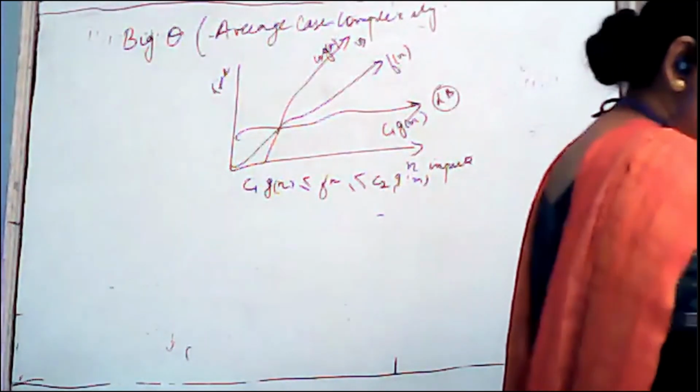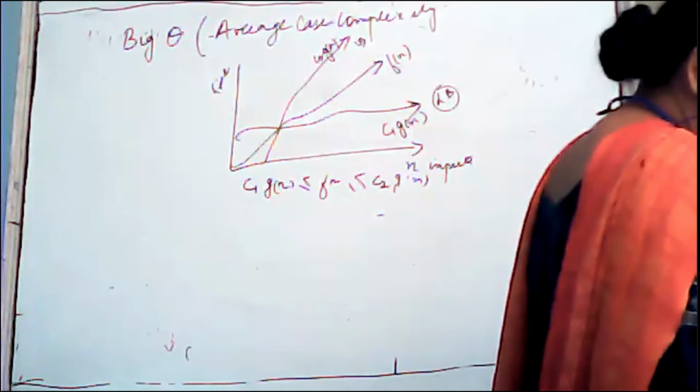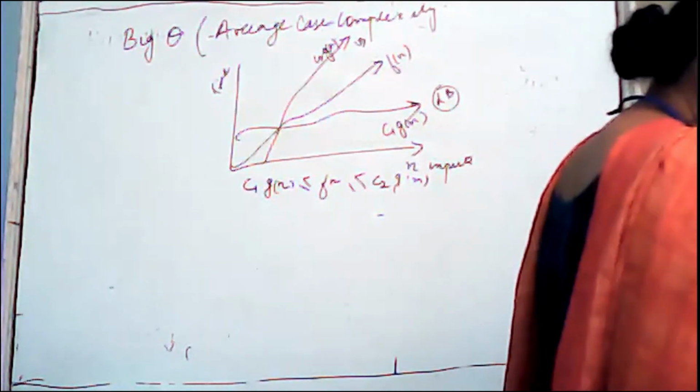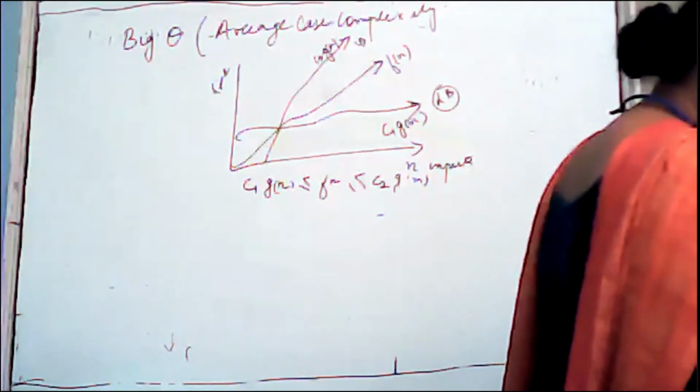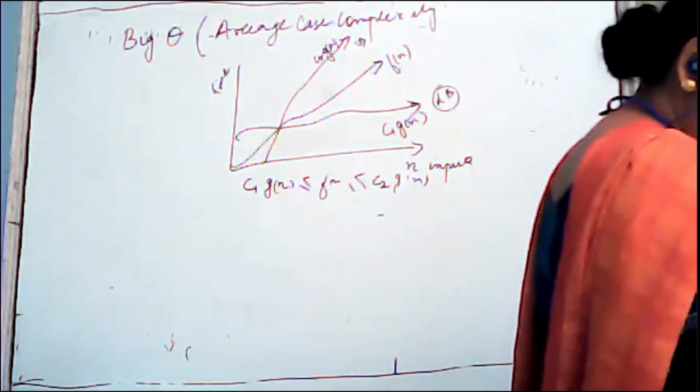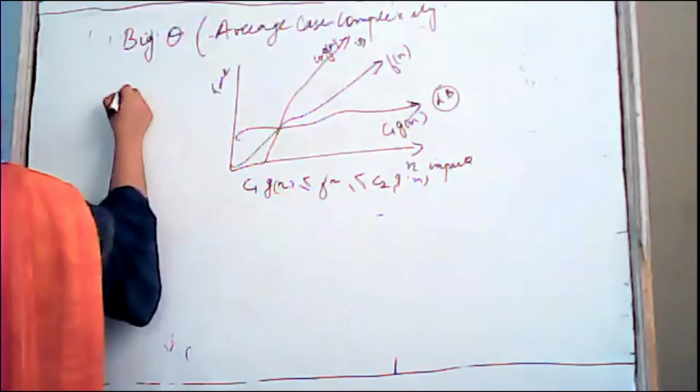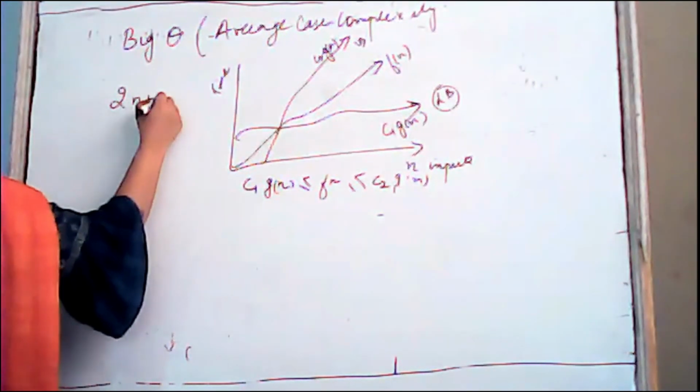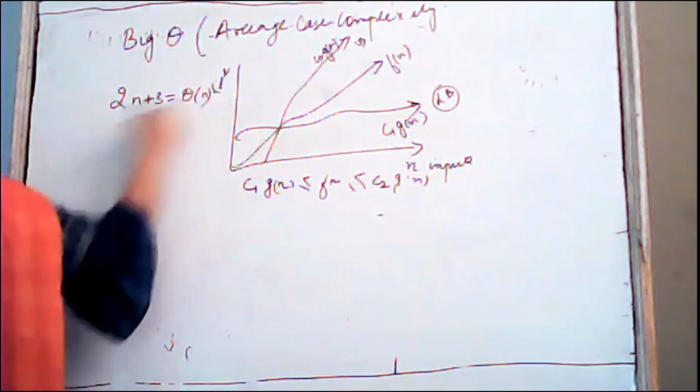So let's do one more example. You have to find whether 2n plus 3 is theta of n.